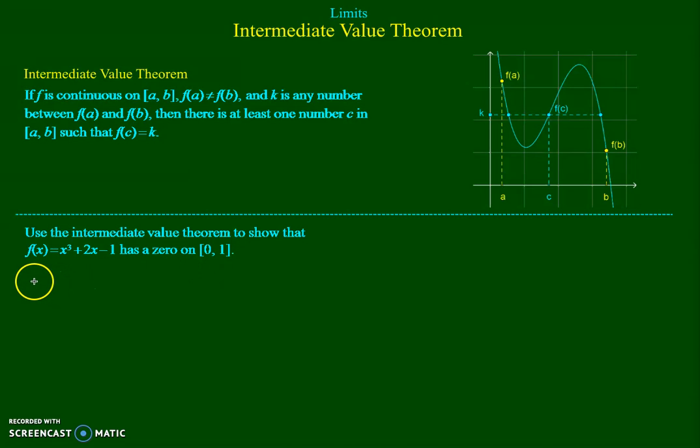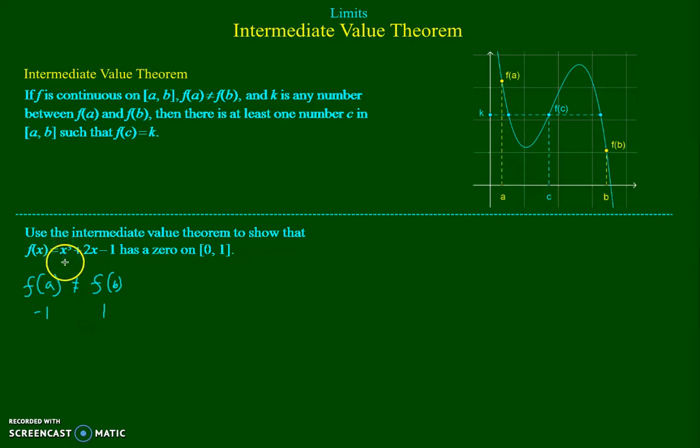The issue also has to be that f of a can't equal f of b. f of a is 0 plus 0 minus 1, so f of a is -1. f of b is 1 plus 1 minus 1, which is 1. So f of a doesn't equal f of b.